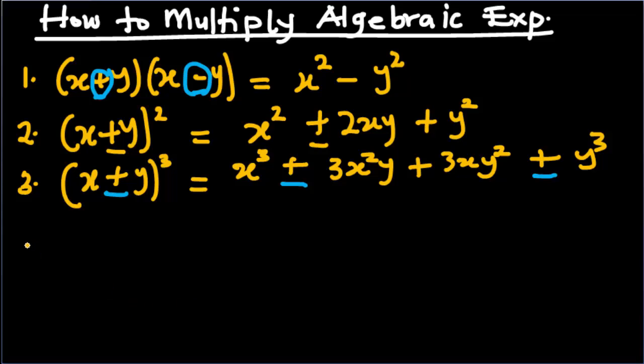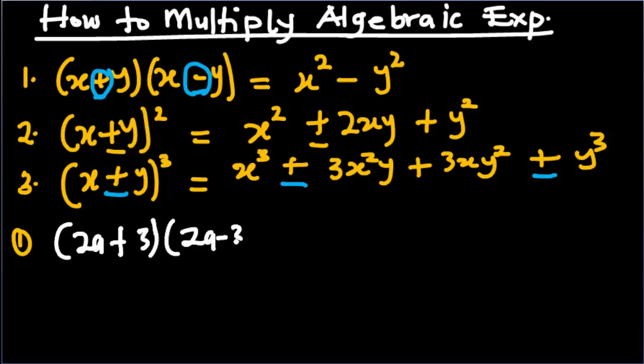Example 1. Multiply (2a plus 3) by (2a minus 3). If you consider this expression, it corresponds to the first formula, with 2a and 3, but what changed here is the sign.